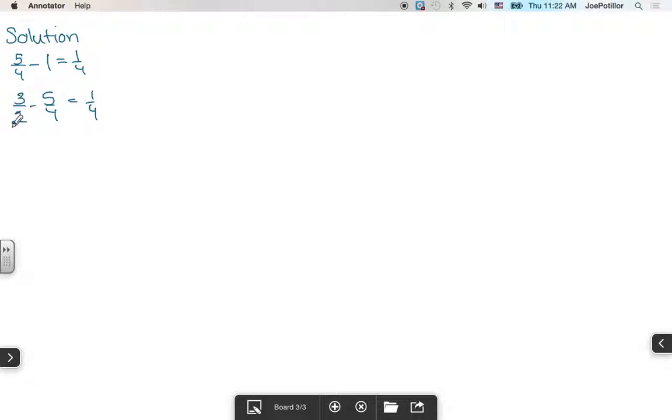Right? Change the denominator to 4, and you'll get 6/4, which is also 1/4. And of course 2 minus 7/4 is 1/4. And because all of these are exactly the same, we know it's an arithmetic sequence.